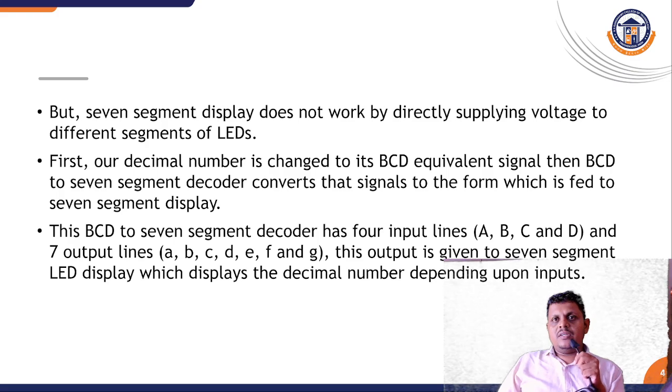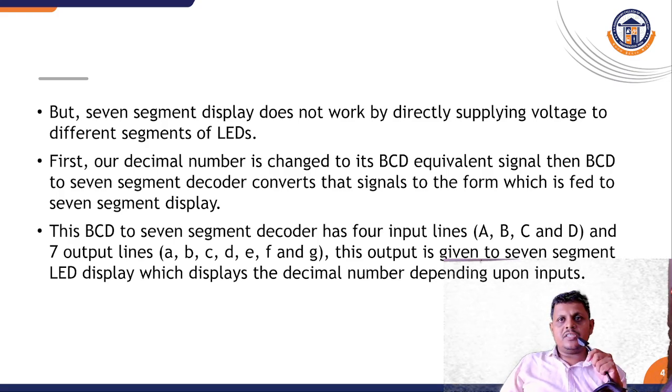But a 7 segment display does not work by directly supplying voltage to the different segments of the LED. Here the operation is done by using BCD converters. First, our decimal number is converted to its BCD equivalent signal, and then the BCD to 7 segment decoder converts that signal to the form which is fed to the 7 segment display.